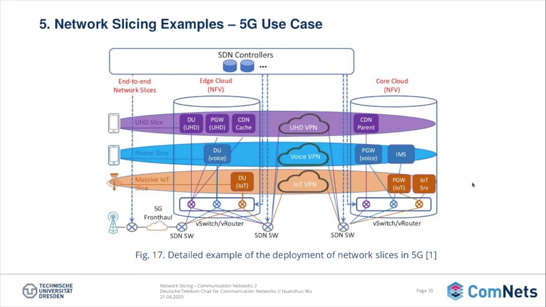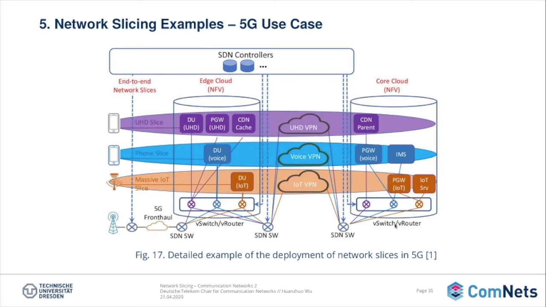Figure 17 presents a more detailed vision of how to implement network slicing in 5G. A hypervisor located in the core cloud manages virtual switching facilities, for example, vSwitches or virtual routers. Also, it performs provisioning of the virtualized services and network resources.